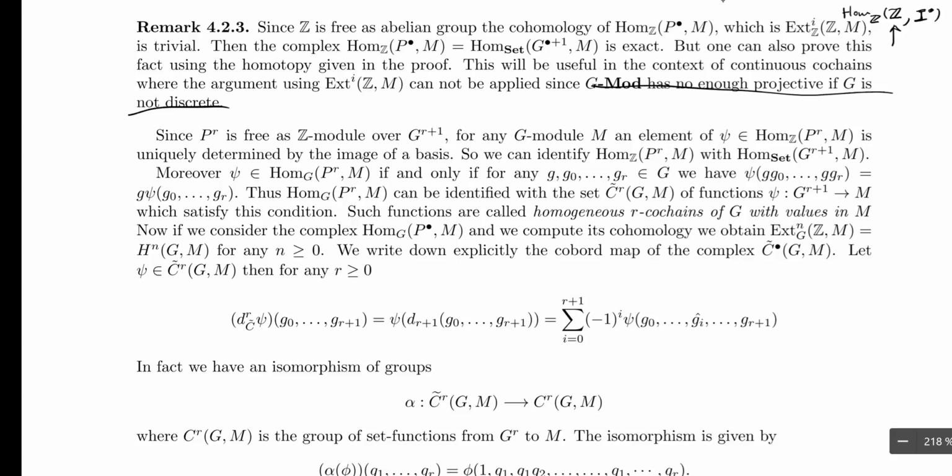It means the Ext, whether you compute this with a projective resolution of Z, like here in our case we use a projective resolution of Z, P_R, is the same as if you use the injective resolution of M, which tells you directly this will be 0, so we know the cohomology of this must vanish.